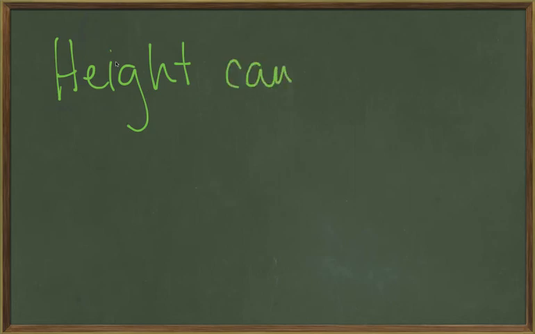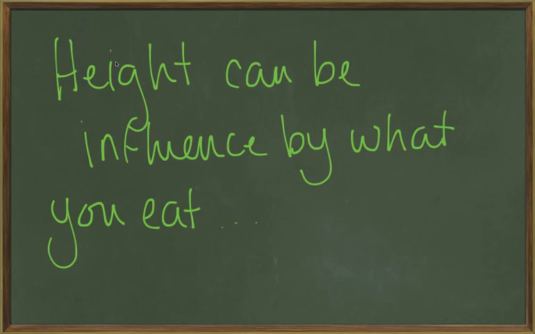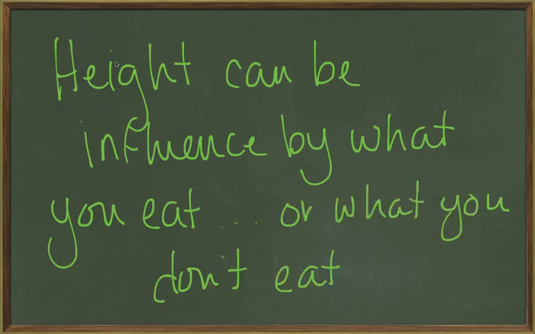Another one that can also be affected by your environment is height. Height can be influenced by what you eat or what you don't eat. If you look at different populations across the world, if you asked anybody who's probably the shortest race, it's probably going to be the Asians.